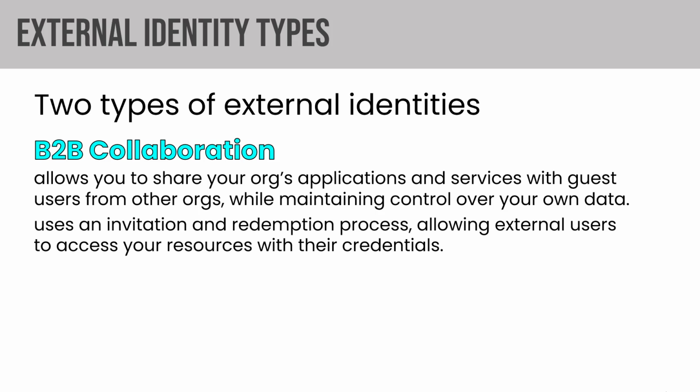So it uses an invitation and redemption process, basically allowing external users to access your resources with their credentials. It allows you to put a nice boundary around how you'll collaborate with another organization, what SharePoint site they can get to, what resources they have access to. This is designed to work with Azure AD accounts, so the work accounts of another organization.